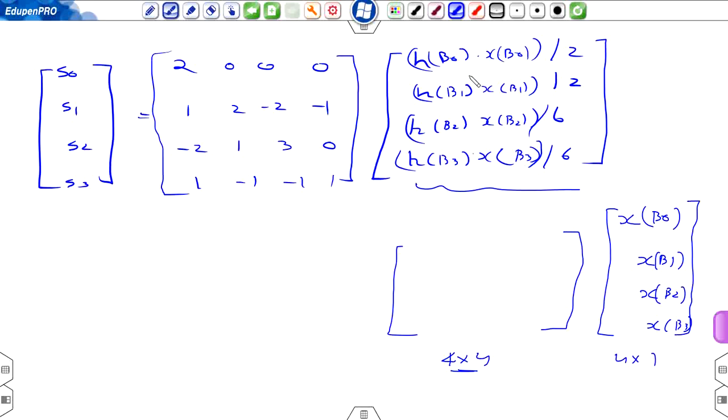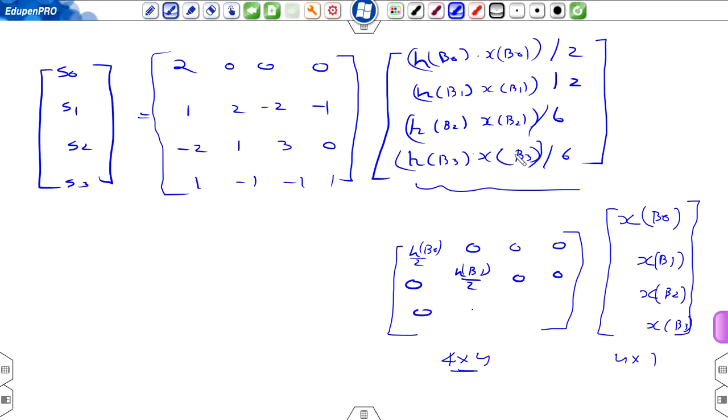So the first value will be h of beta 0 divided by 2, h of beta 0 divided by 2 into x of beta 0, that gives the first term. The remaining columns are 0. In the second row, x of beta 1 is there, so this term will be 0, this term will be h of beta 1 by 2, and the remaining terms are 0.